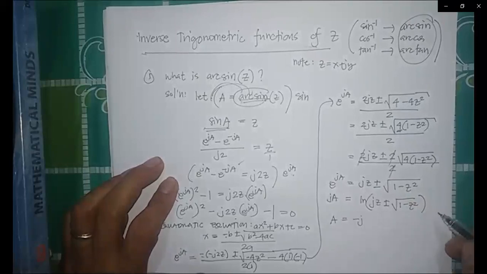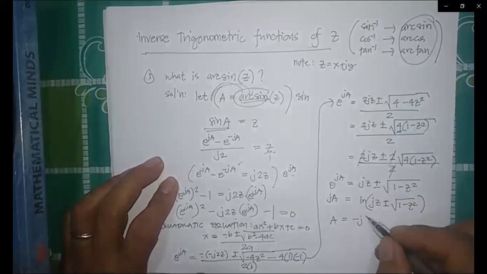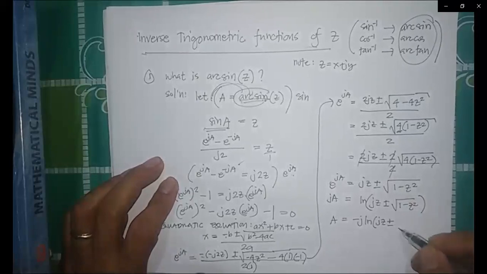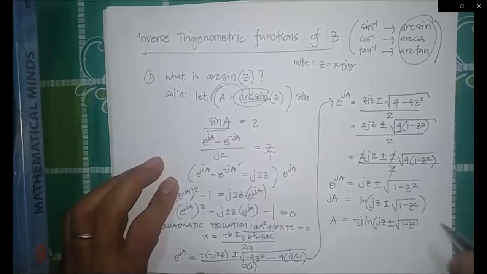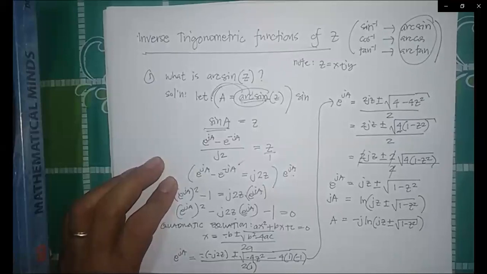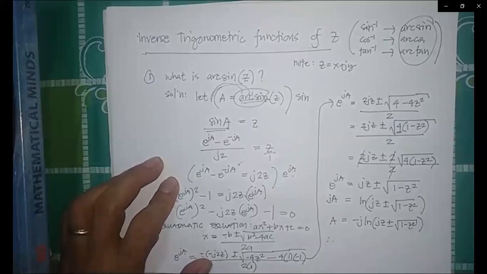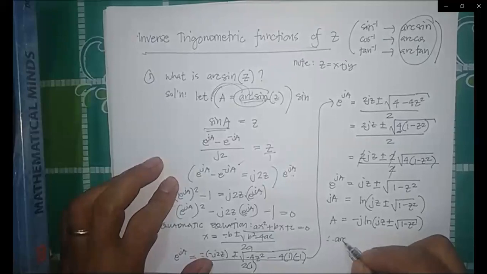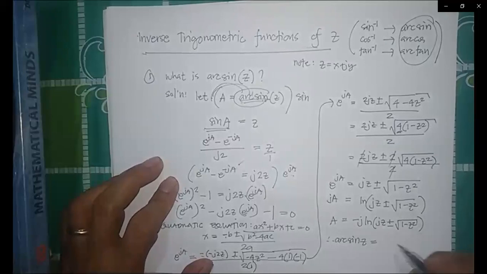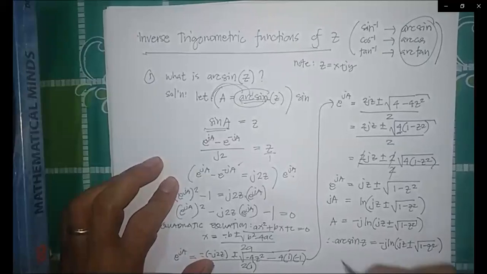Try that in your calculator or on a piece of paper. 1 over j is just negative j. So therefore, you have negative j multiplied by ln of jz plus or minus square root of 1 minus z squared. Therefore, the arc sine of the complex number z is just equal to negative j ln of jz plus and minus square root of 1 minus z squared.